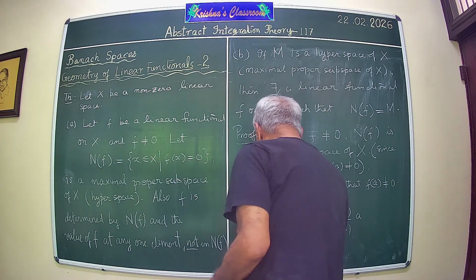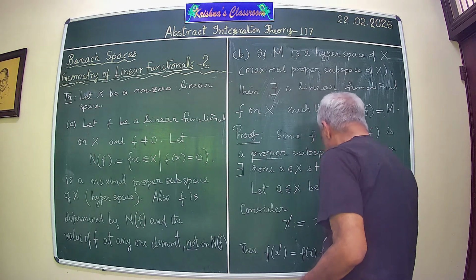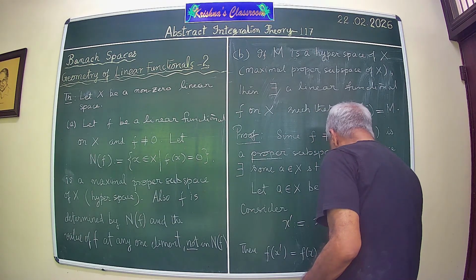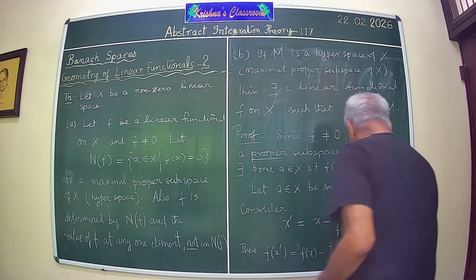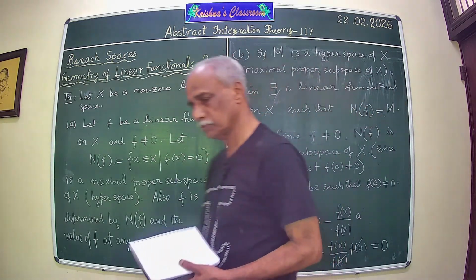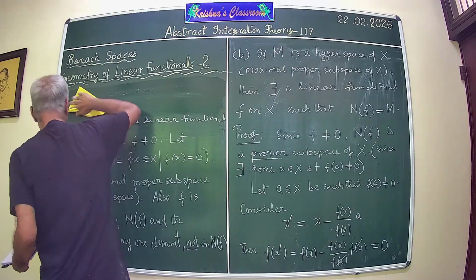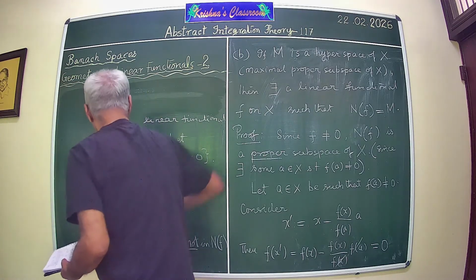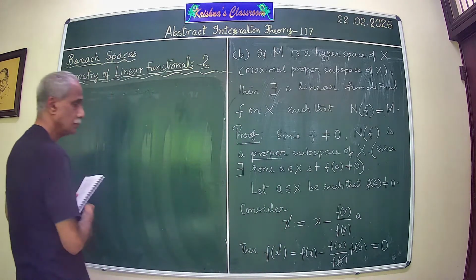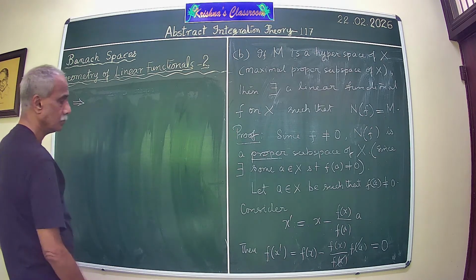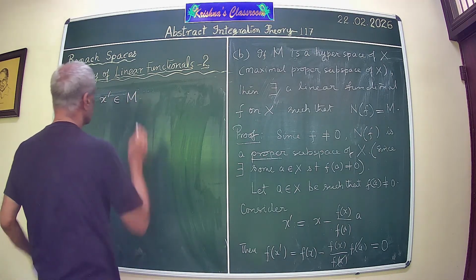Then f of x prime is equal to zero. Therefore x prime belongs to the null space of f.